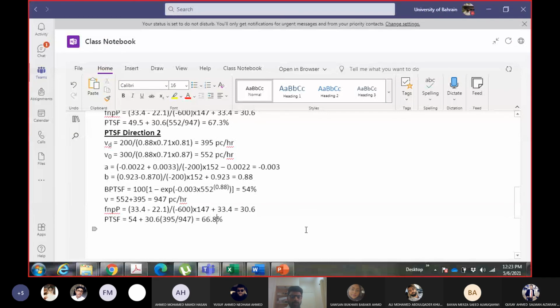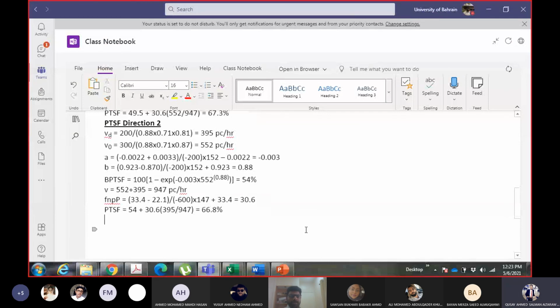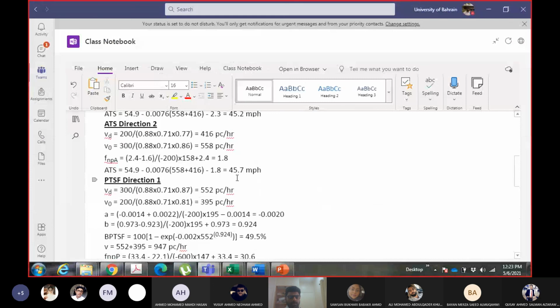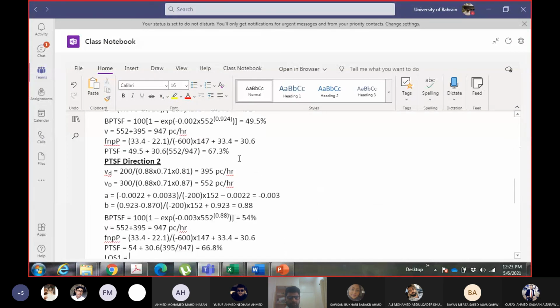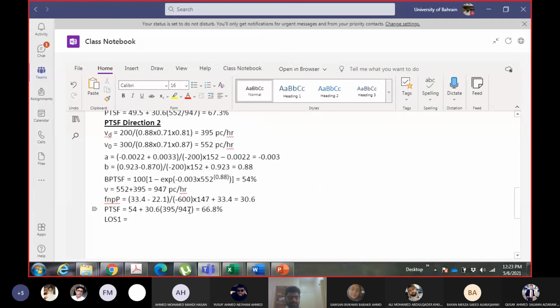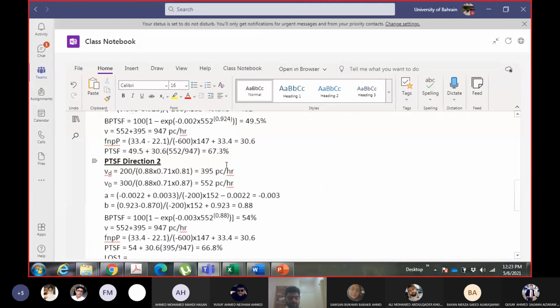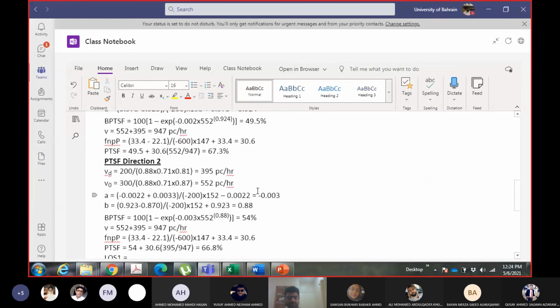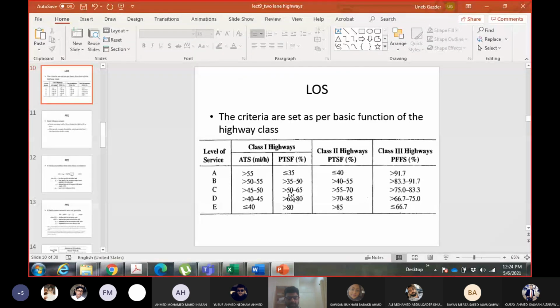Okay. Then level of service, direction 1. We are doing class 1 highway, so I need both values. Okay. ATS for direction 1, 45.2. PTSF, 67.3. 45.2 this case, and 67.3 this value, this range.